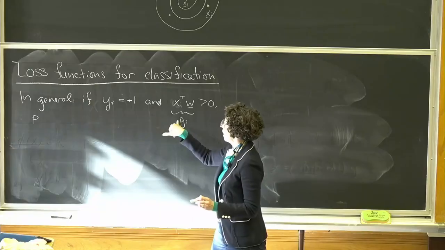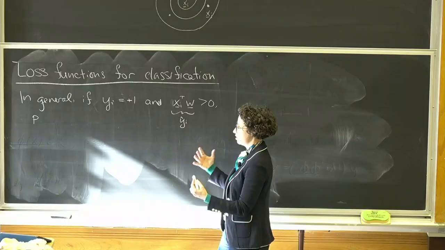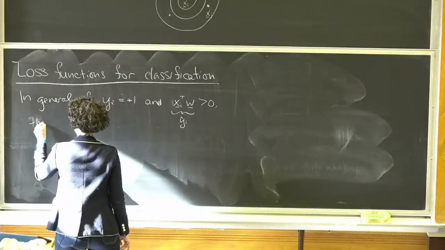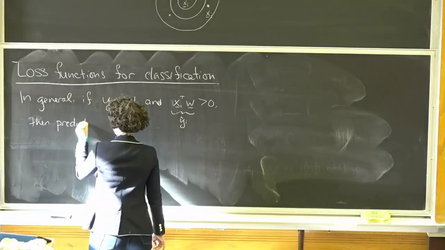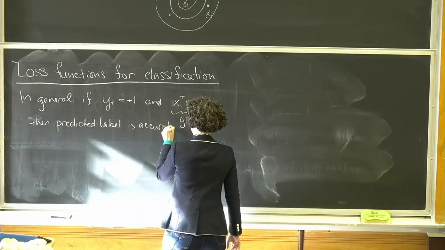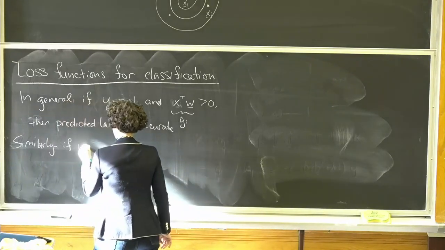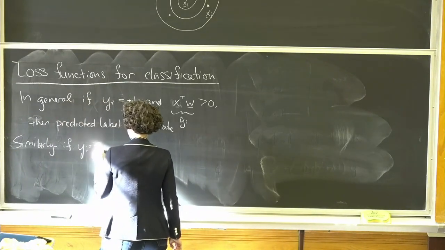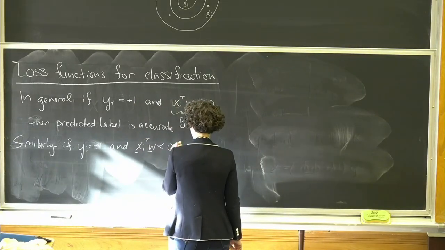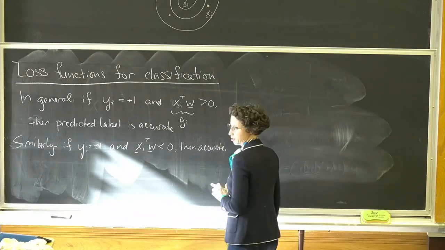And when they have the same sign, it means that we are putting this sample on the correct side of the decision boundary, so the predicted label is accurate. And similarly, if yi is -1 and xi transpose w is less than 0, then we've made an accurate prediction.